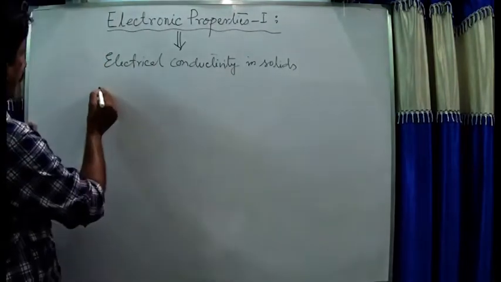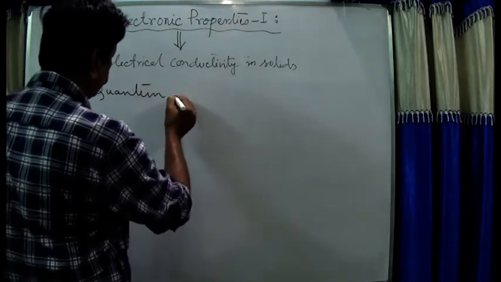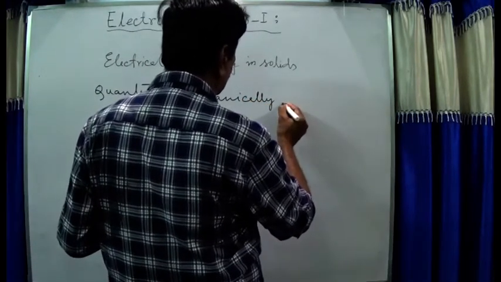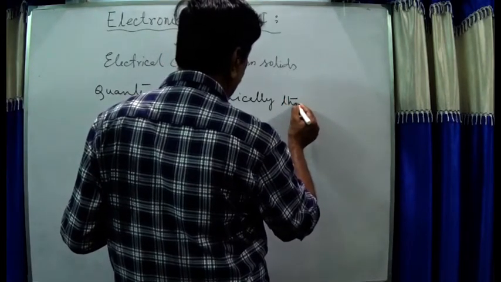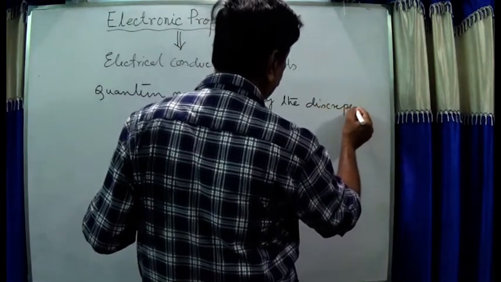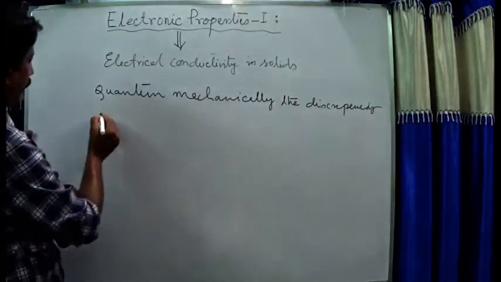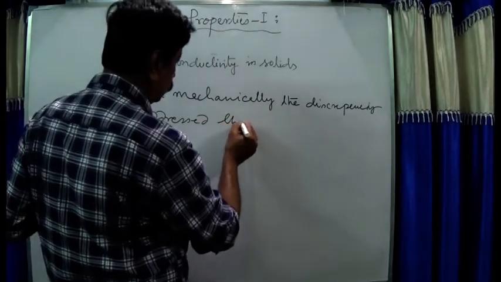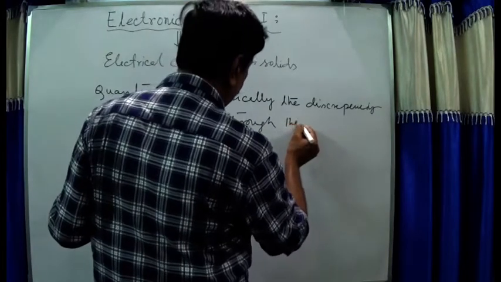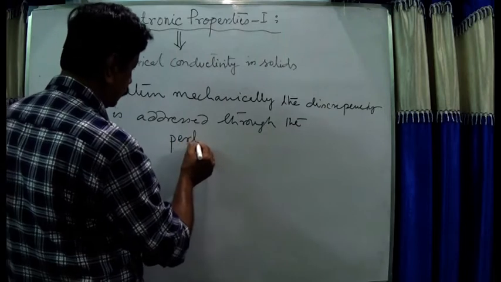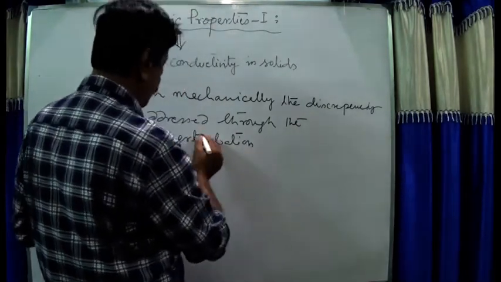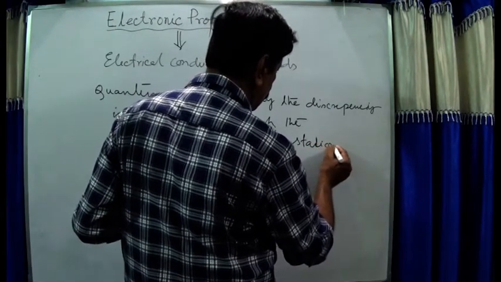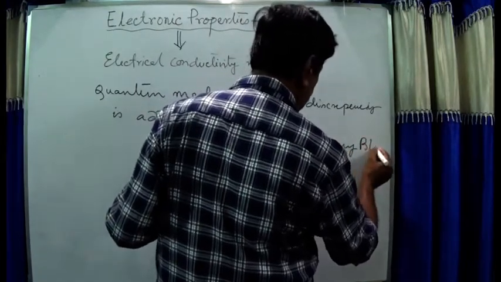So, quantum mechanically, the discrepancy is addressed through the perturbation on stationary Bloch wave.